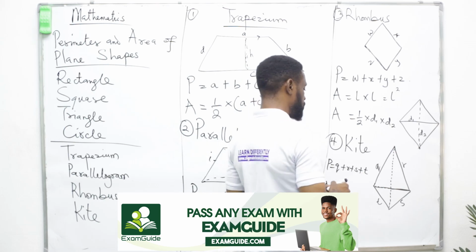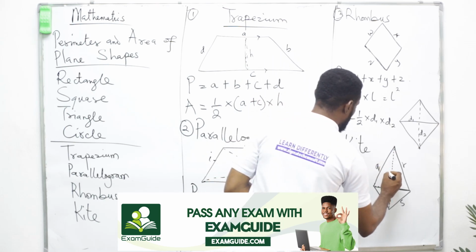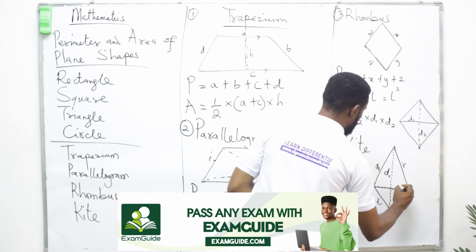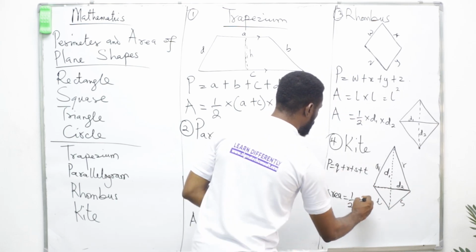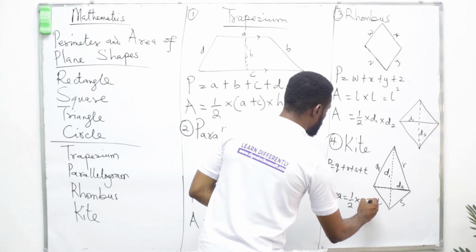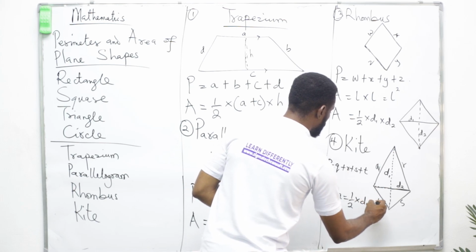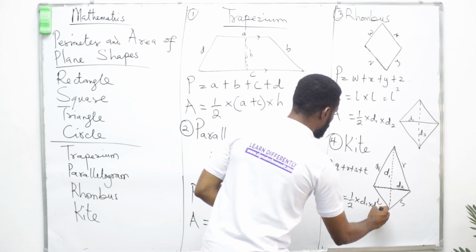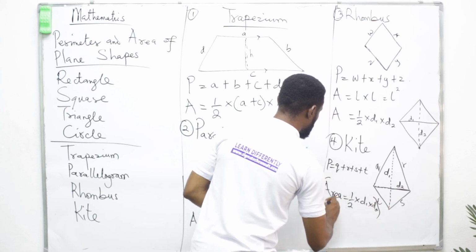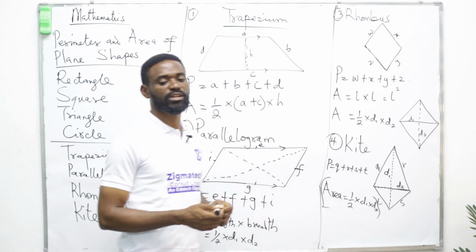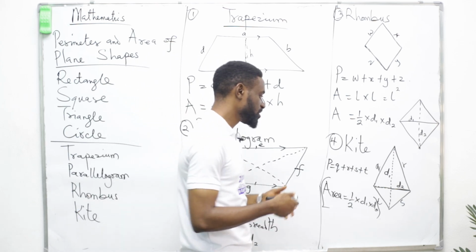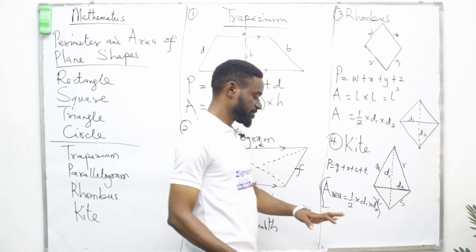All right, so let's say this is D1 and this is D2. So area is 1 over 2 times D1 times D2. Do you get the point? 1 over 2 times D1 and D2.